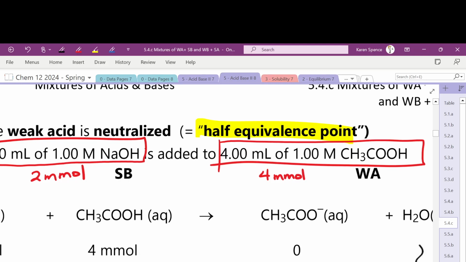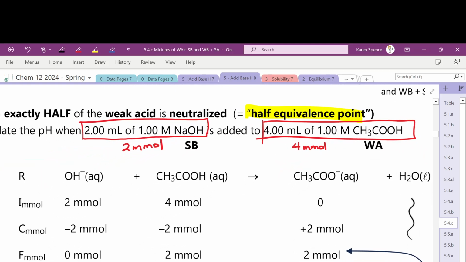So we can now throw this into a rice table, or actually a RICFA table rather, F for final, because this goes to completion because the OH is strong. And as long as one of the reactants is strong, the reaction goes to completion.